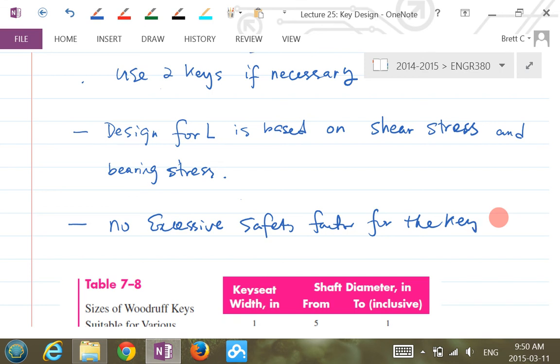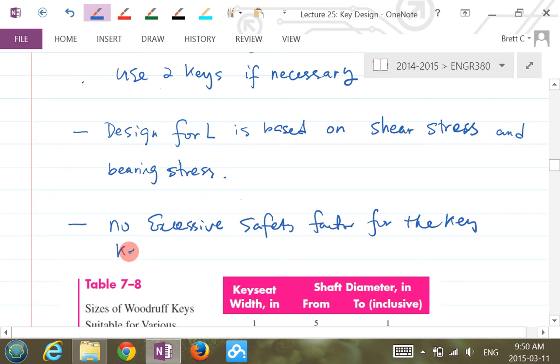Why is that? Because the key functions as a mechanical fuse. What you want is the key to fail first, and you don't want your shaft or the hub to fail first. That makes sense? So that's the basic idea here.